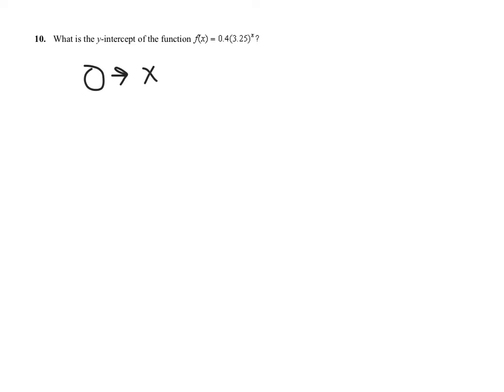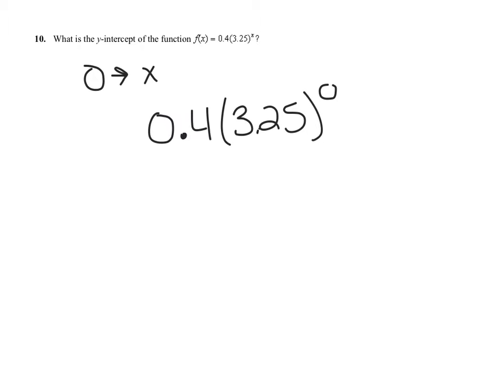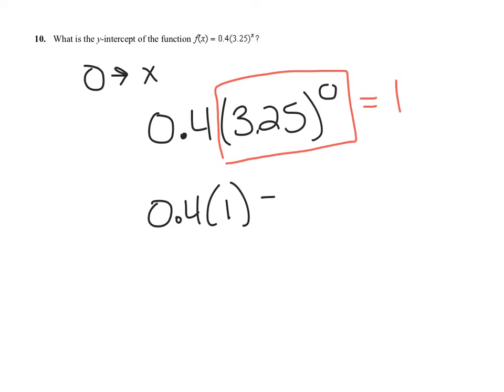So that's 0.4 times 3.25 raised to the 0. If you put this in your calculator, 3.25 raised to the 0 is actually equal to just 1. So then you're left with 0.4 times 1, which is just 0.4.